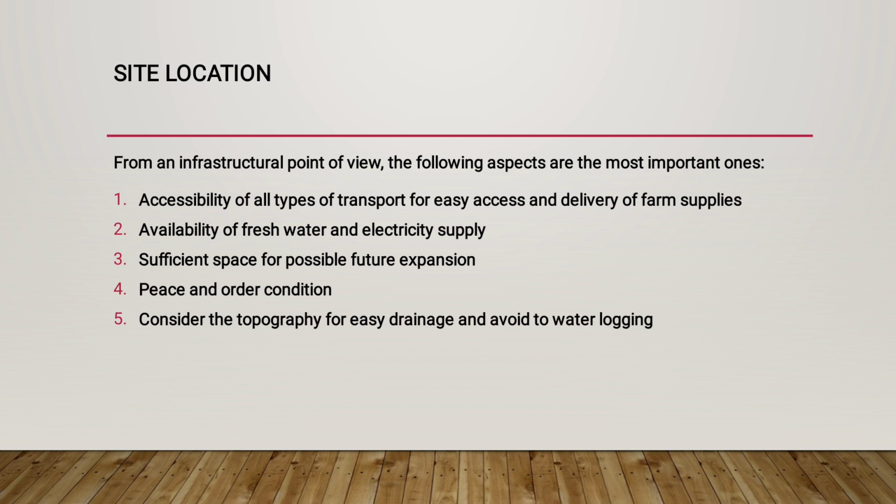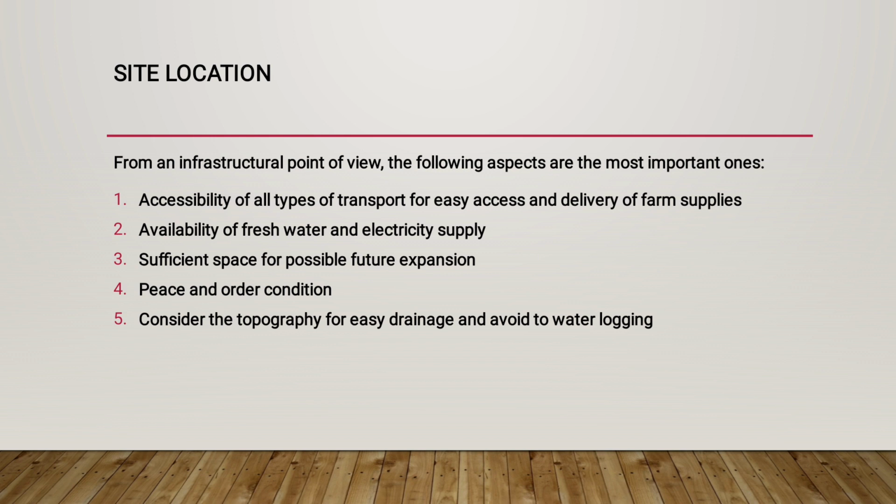First, accessibility of all types of transport for easy access and delivery of farm supplies. The distance of the farm to households should be 1 kilometer, from the farm to the community or the household. But we still need to consider that it is accessible, close to the highway and not too far inside, so that feeds and medicines can be delivered quickly. And if there are emergencies, the farm still needs to be accessible.